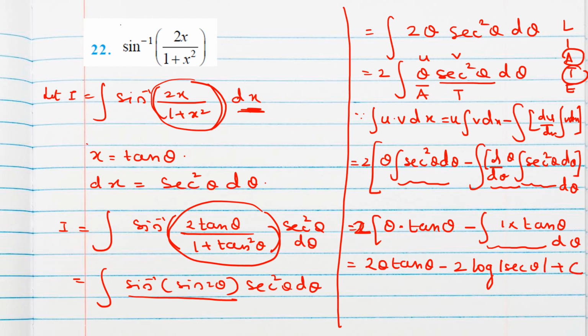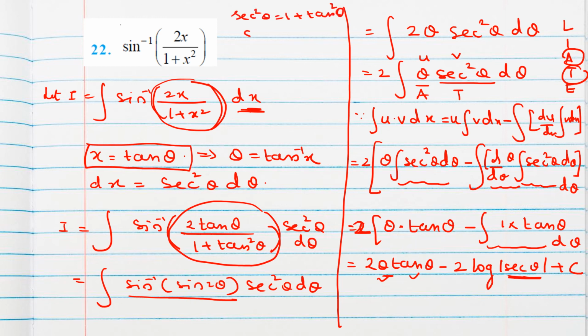Now we have to resubstitute the value. So x is tan theta, so from this step we can write theta as tan inverse x. Theta we know, tan theta we know, but here sec theta is there, so we have to use tan theta. You should write sec theta in terms of tan theta. We know this identity, sec square theta is 1 plus tan square theta.